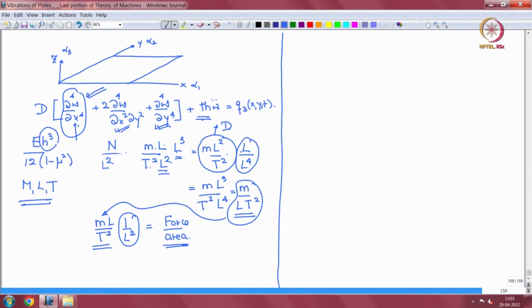So, let us look at that term. We have rho, which is mass per unit volume, then h is a length, then we have acceleration L by t square.